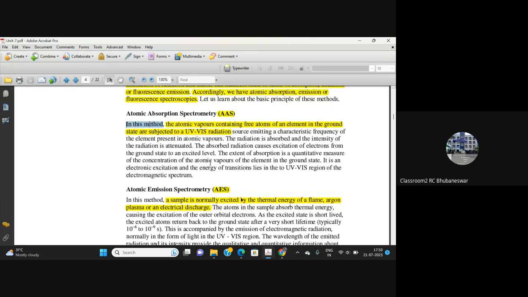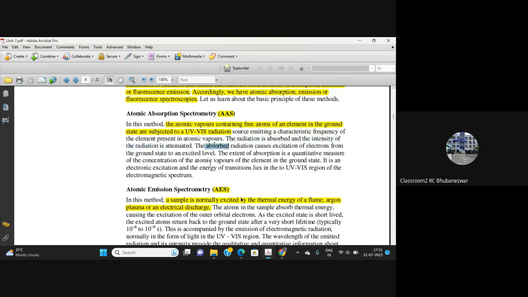In this method, the atomic vapors containing free atoms of an element in the ground state are subjected to a UV visible radiation source emitting a characteristic frequency of the element present in the atomic vapor. The radiation is absorbed and the intensity of the radiation is attenuated.